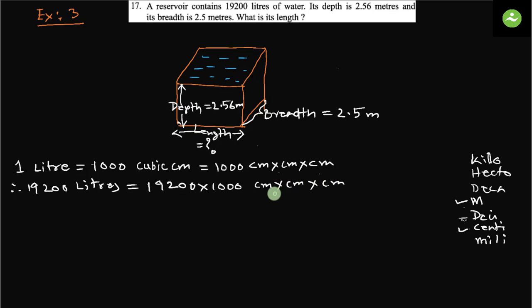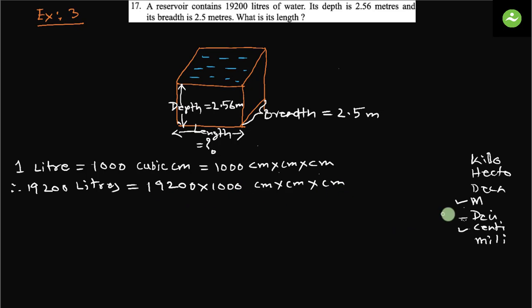Now we can convert this to meter. I don't want you to remember many things, like how much cubic meter 1 cubic centimeter equals. You just learn how to convert. If you know how to convert, you don't need to remember many things.